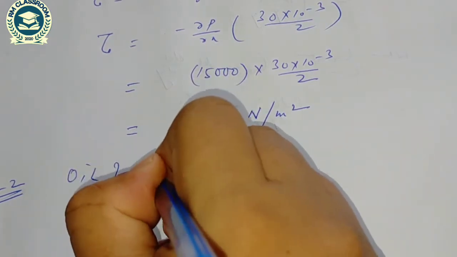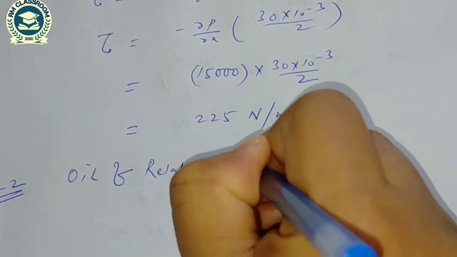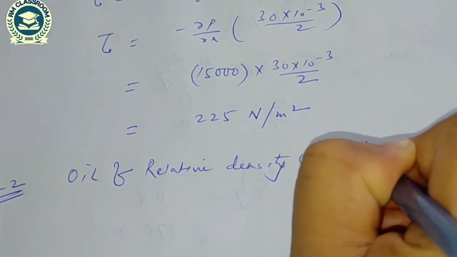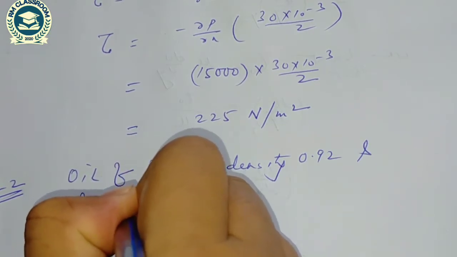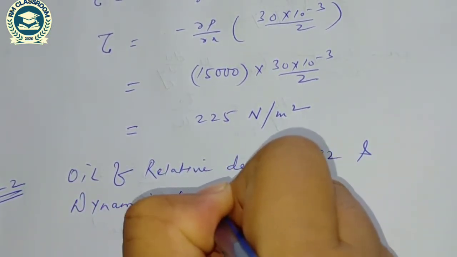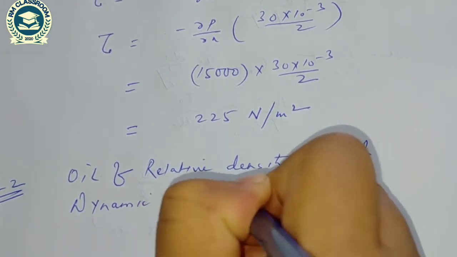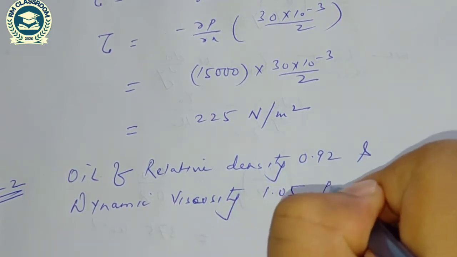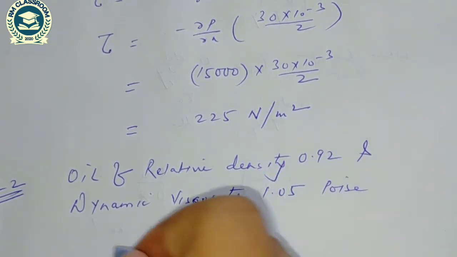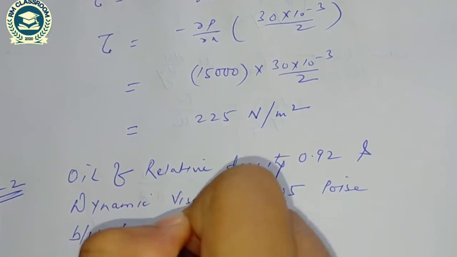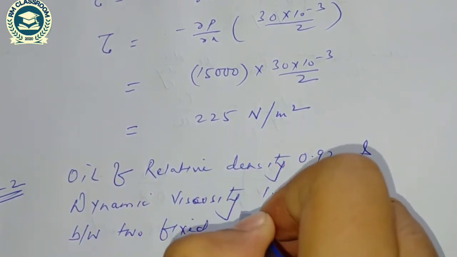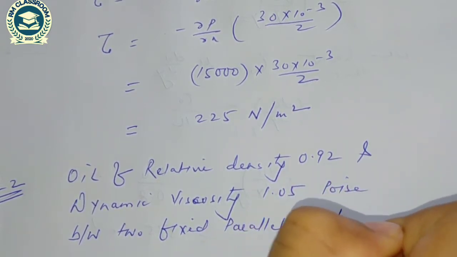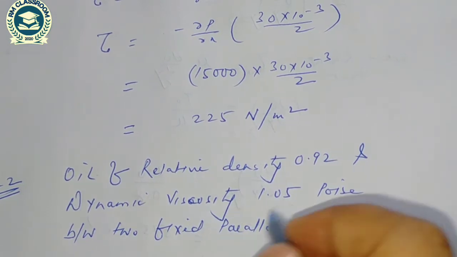Oil of relative density 0.92 and dynamic viscosity 1.05 poise between two fixed parallel plates 12 mm apart.